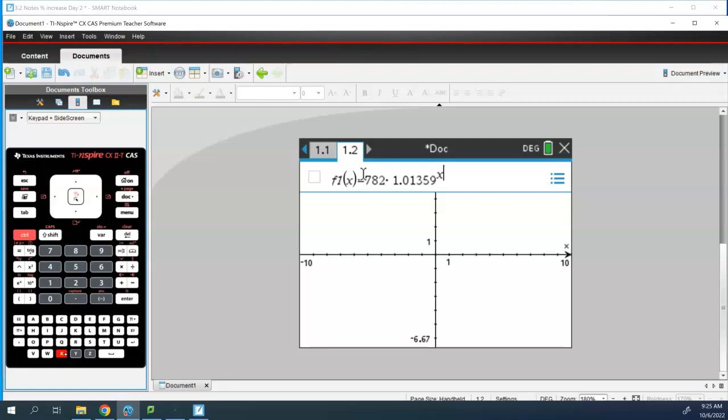Okay? Because your window is only going up to 6.67. So we have to adjust our window accordingly. Anybody remember how to adjust the window? Or we could do it in a much simpler way. The window settings, you remember how to get to them?